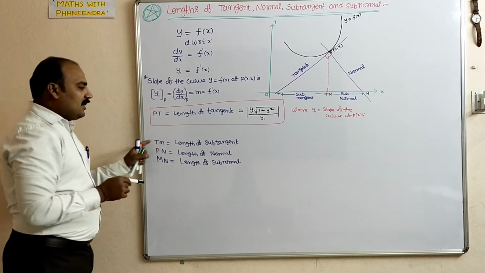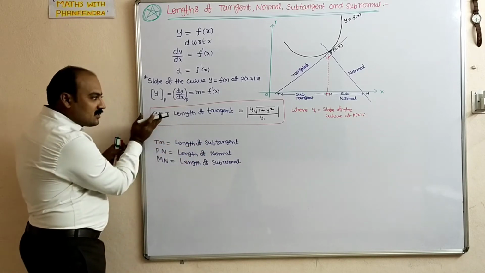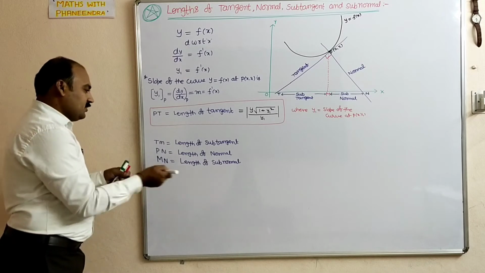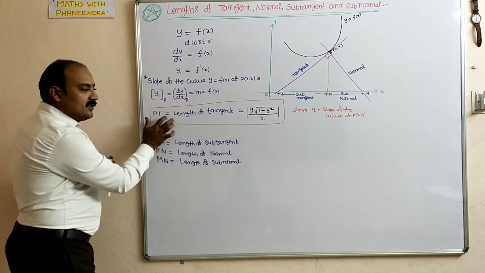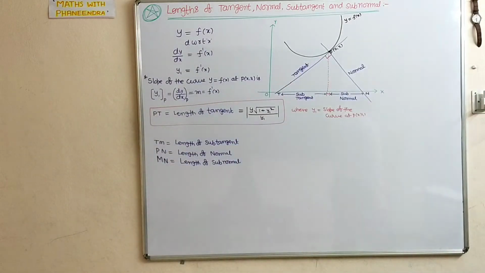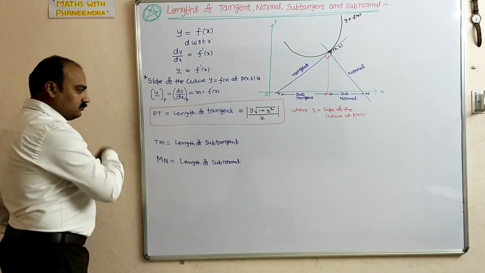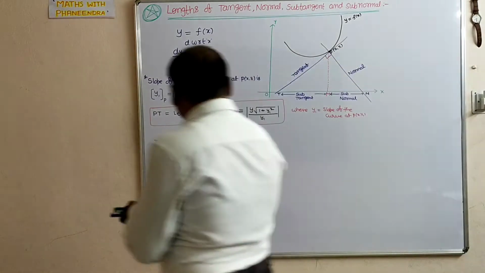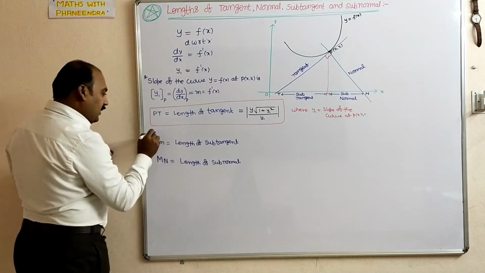Similarly, we have the length of subtangent, length of subnormal, length of normal, as well as completing the length of tangent. Length of normal is what? From the figure, Pn.